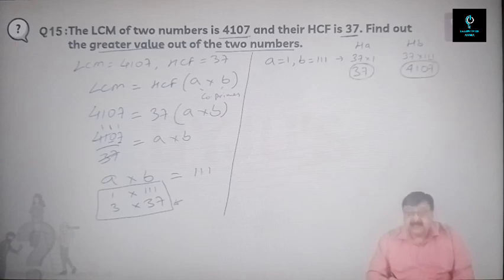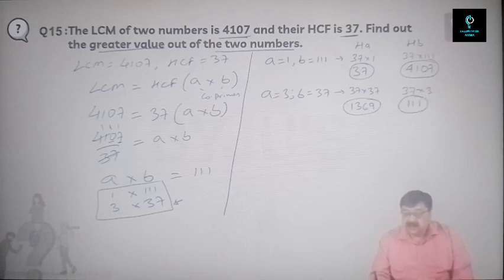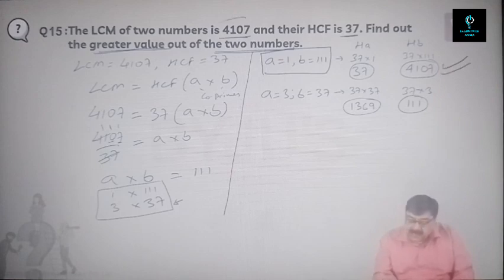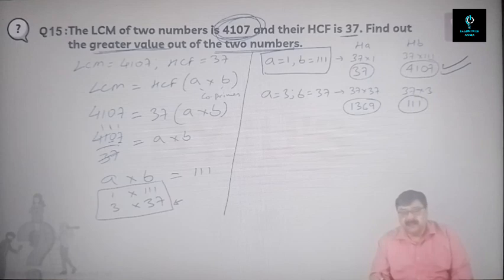Now if we take the second case here, that is A is equal to 3 and B equals 37, then we get 37 into 37, that is 1369, and 37 into 3, that is 111. Now, out of these, we want a greater value out of the two numbers. So let us go for this pair when we get greater value as the LCM of the two numbers. That is 4107. So the greater value out of the two numbers will be 4107.